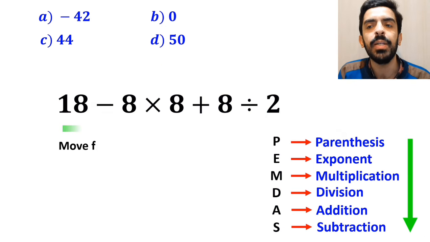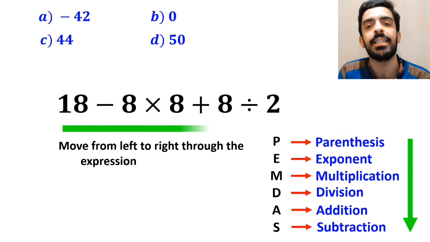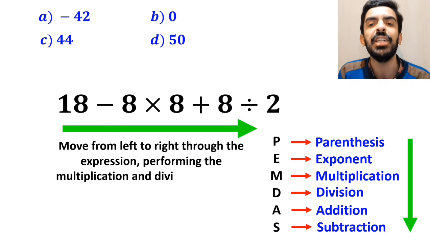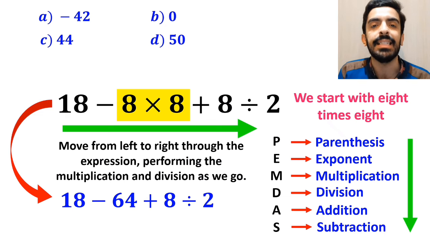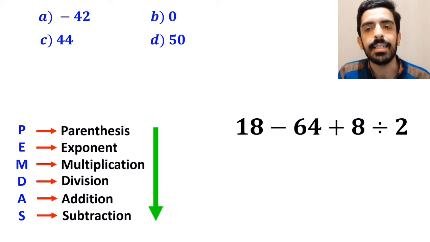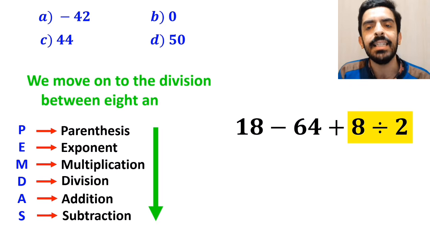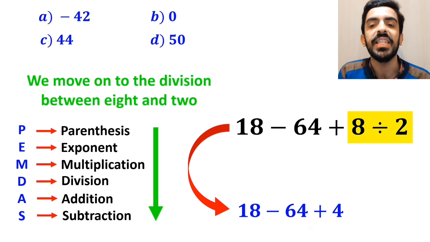And all we need to do here is to move from left to right through the expression, performing the multiplication and division as we go. So, first we start with 8 times 8 and write this expression as 18 minus 64 plus 8 divided by 2. And the next step, we move on to the division between 8 and 2 and replace this expression with 18 minus 64 plus 4.